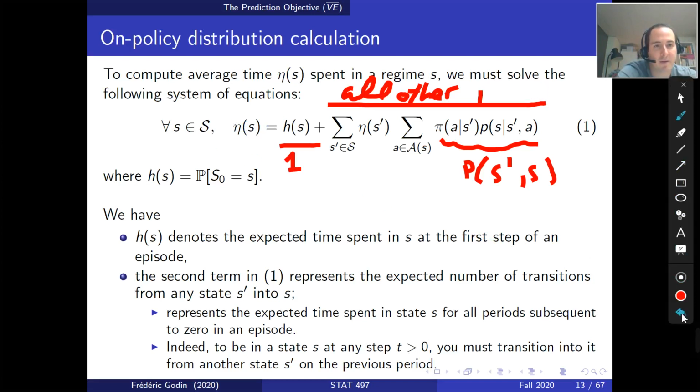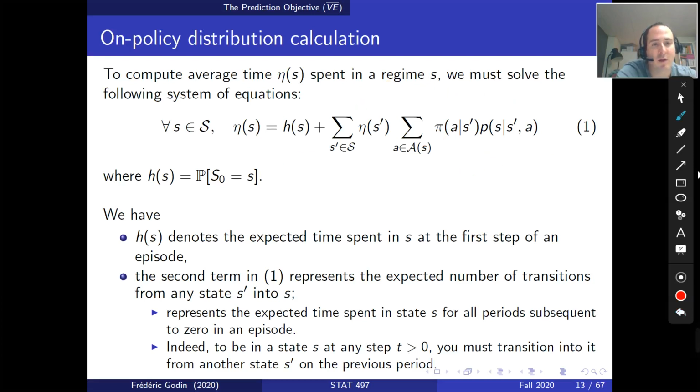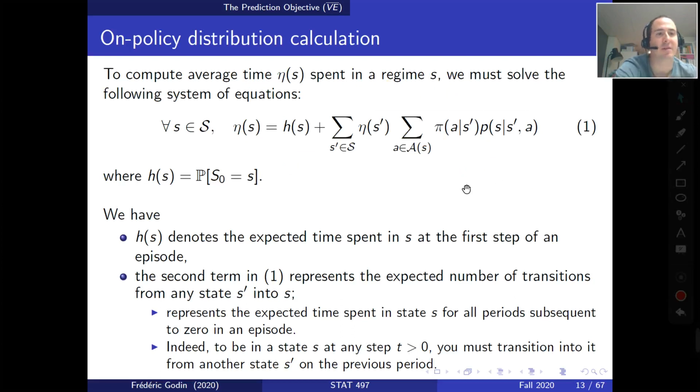However, we said we typically want to use approximation methods of this chapter for very, very large problems which have many, many states. If the state space is very large, just summing over all states would be problematic, and you would have as many equations as states, so solving this would simply be impossible in practice for very large problems.